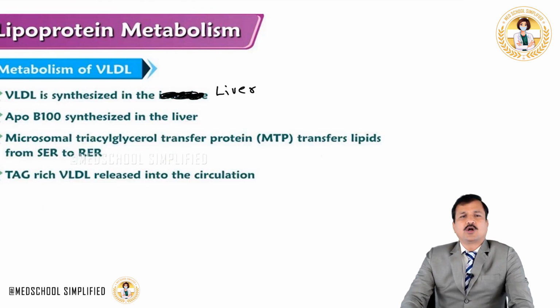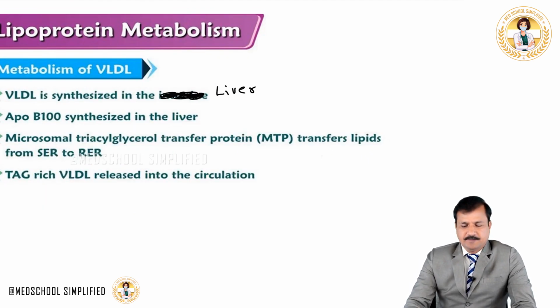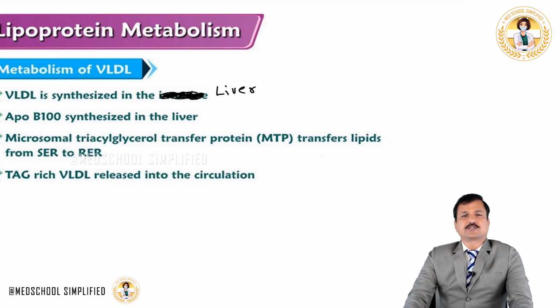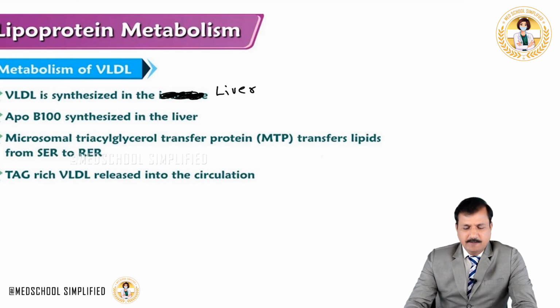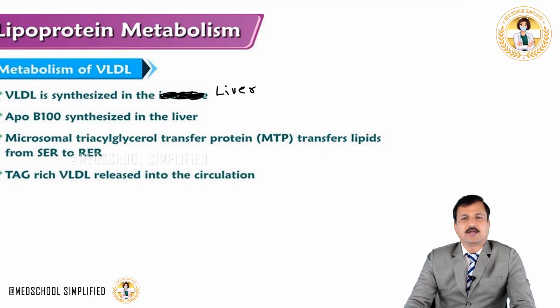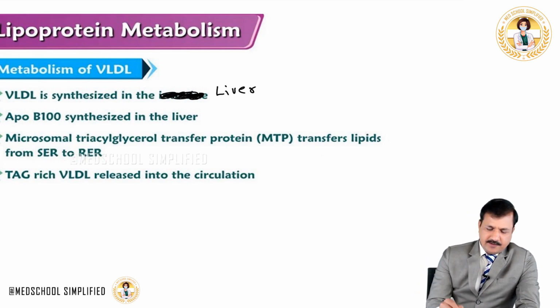Now let's move on to metabolism of VLDL. Just now we have seen the metabolism of chylomicron, and metabolism of VLDL is very similar to it. VLDL is synthesized in the liver.